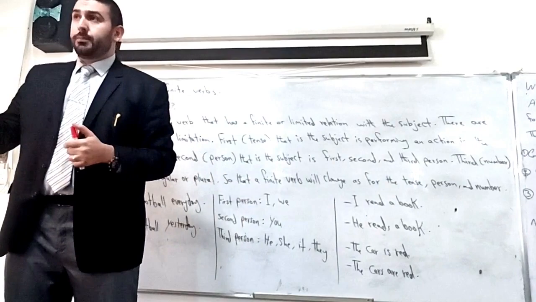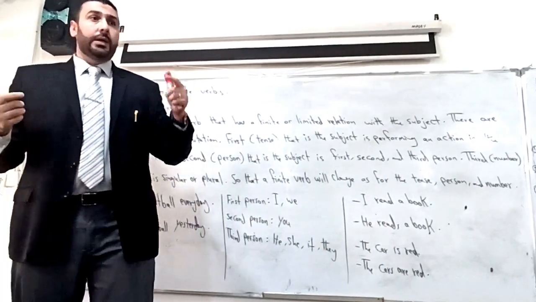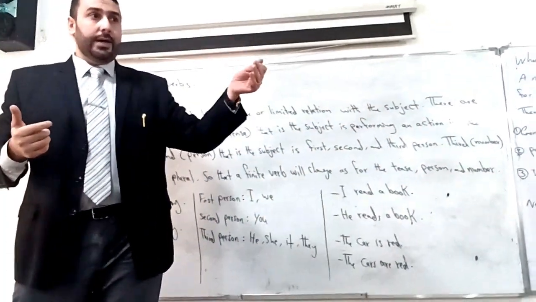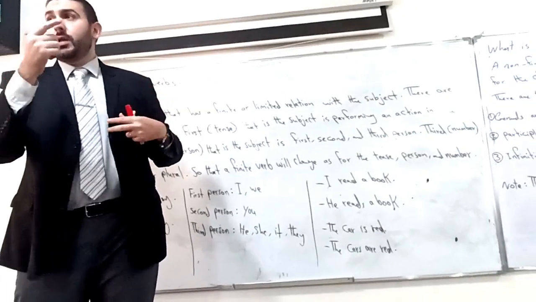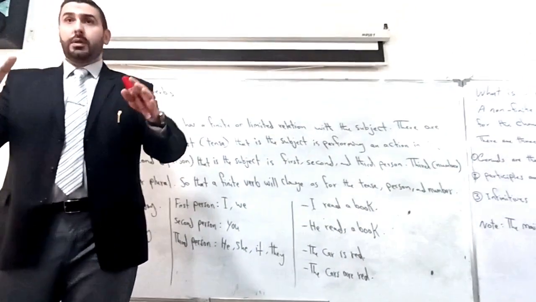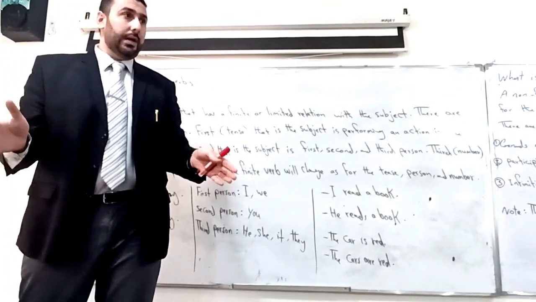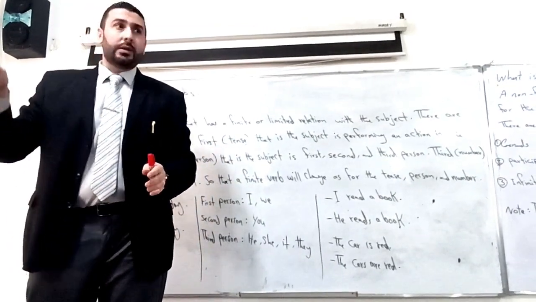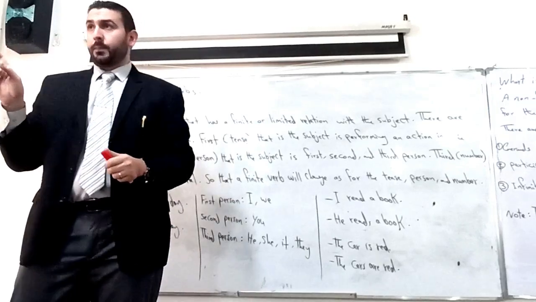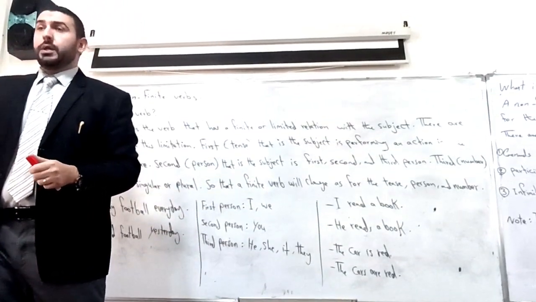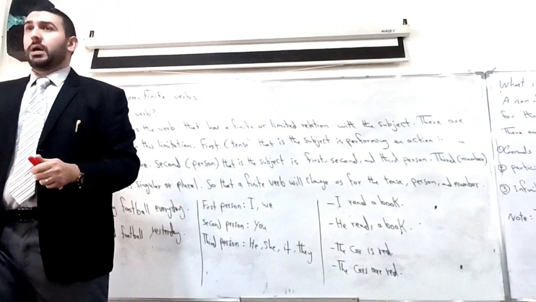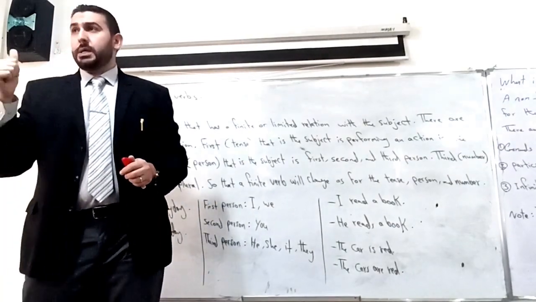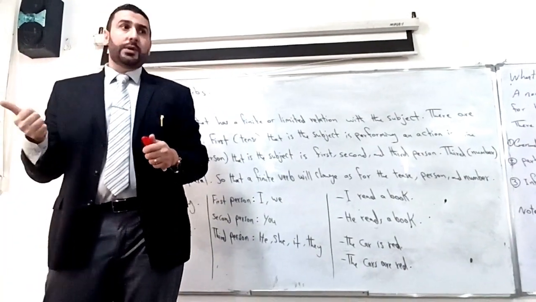And we have the third person, for example, he, she, it, they. So we are referring to them. Maybe they're with us here in the class, or maybe they're out of the class, so we are calling them the third person.